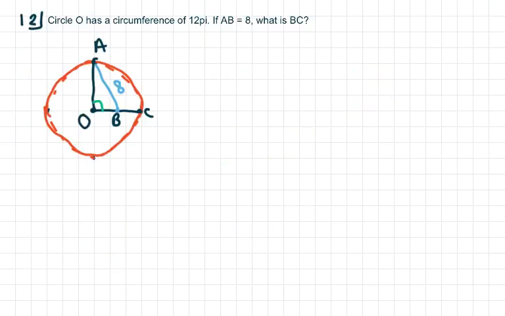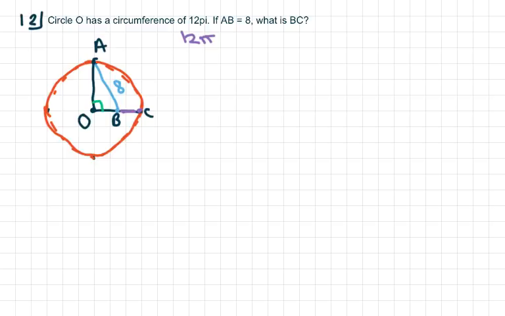Okay, the last one. Circle O has a circumference of 12 pi. If AB is 8, what is BC? So they want to know what this length is here. We're going to identify pieces of the figure that play a role in this.